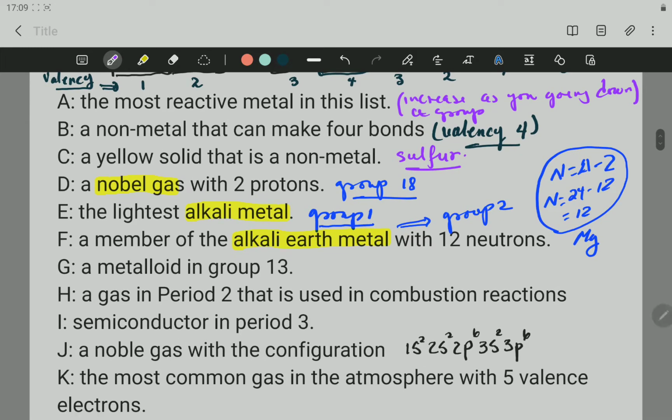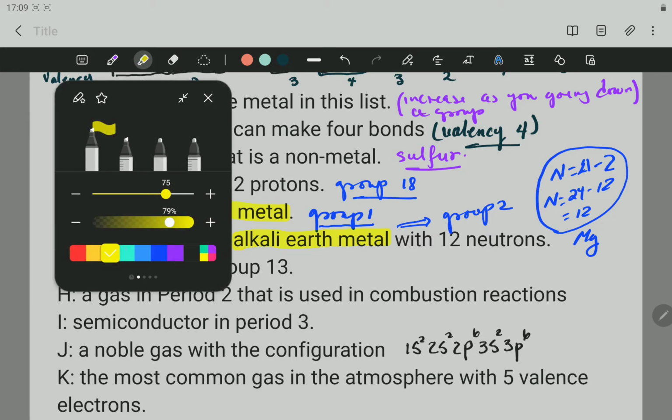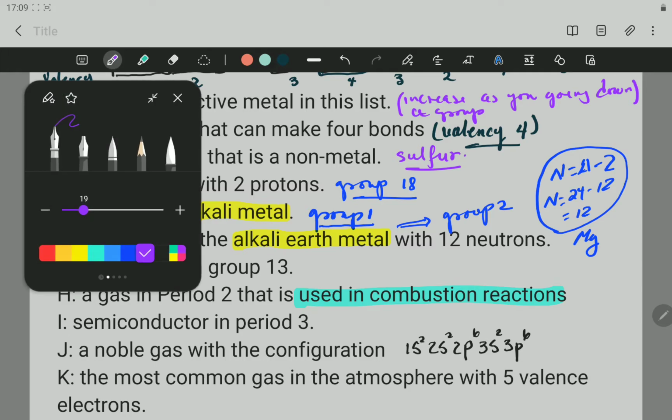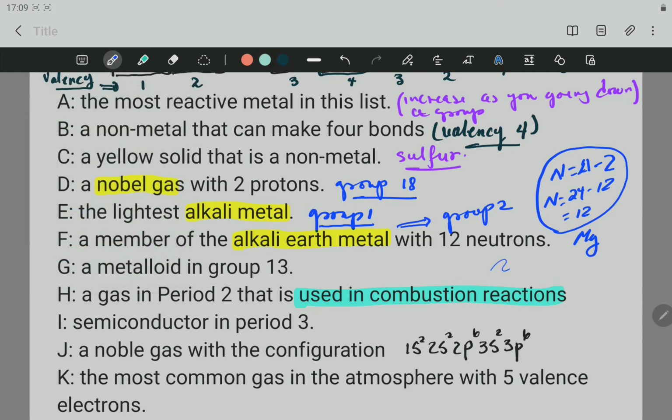Okay, a gas in period 2 that is used in combustion reactions. Now, important, the gas that we use in combustion reactions is going to be oxygen. And oxygen is in period 2.